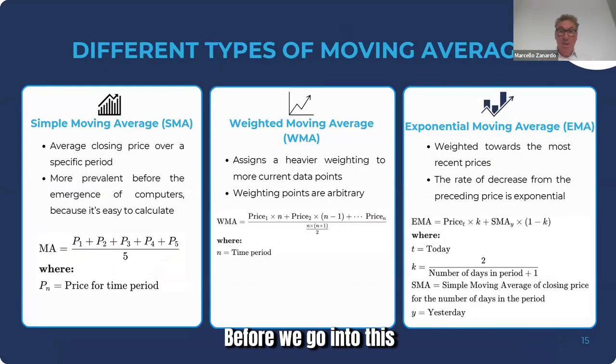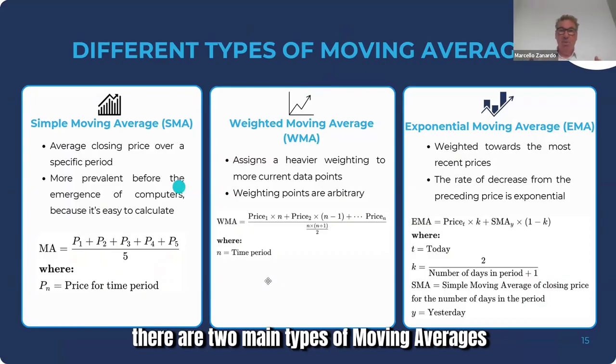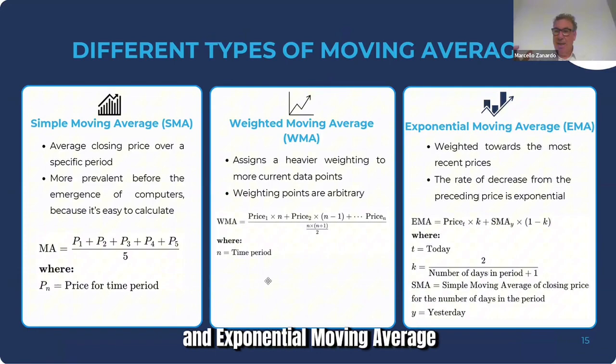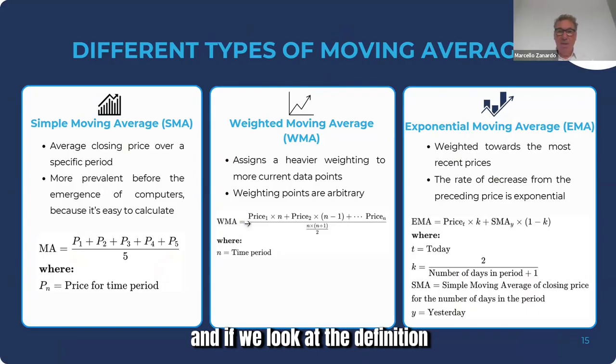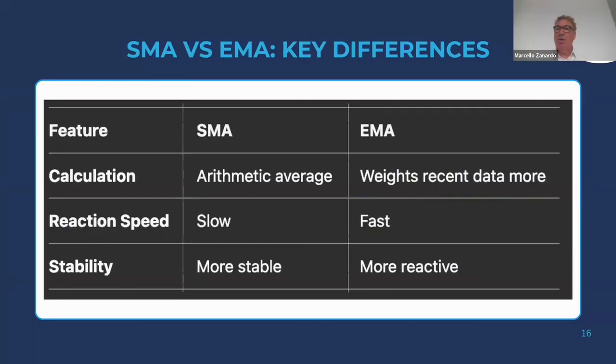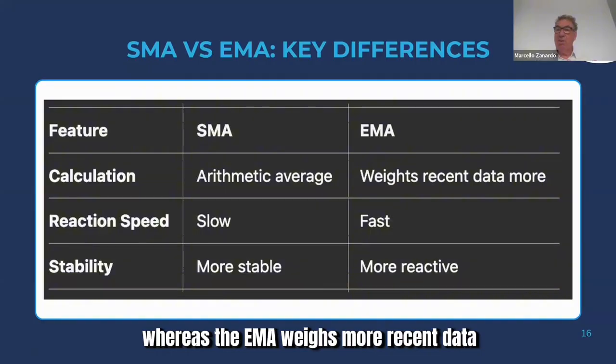Before we go into this, it's important for you to know there are two main types of moving averages. We just focus on the simple moving average and exponential moving average, SMA and EMA. If we look at the definition, basically the SMA is an arithmetic average, whereas the EMA weighs more recent data.